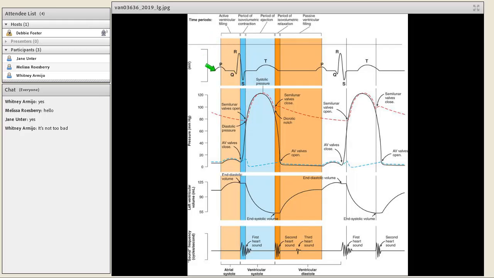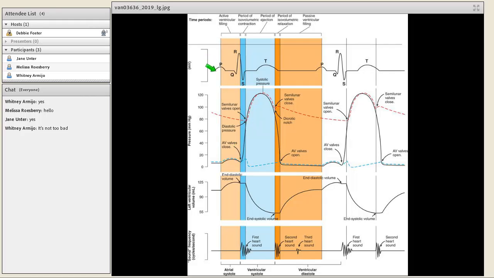Now, I want you to notice that this does happen before the actual contraction. So here's the contraction right here, the isovolumetric contraction of the ventricles. You can see the electrical activities beforehand. The actual contraction of the atria starts right about the middle here with this P. You can see that as the volume up here starts to increase.